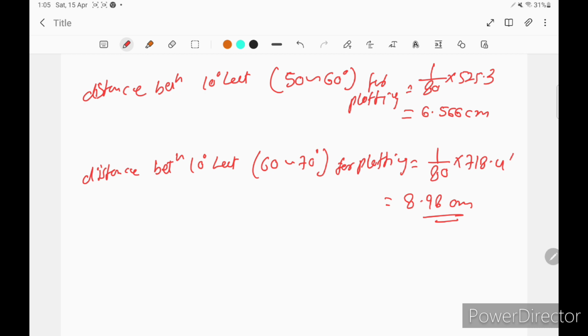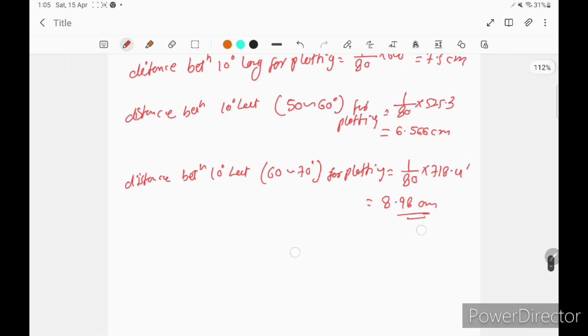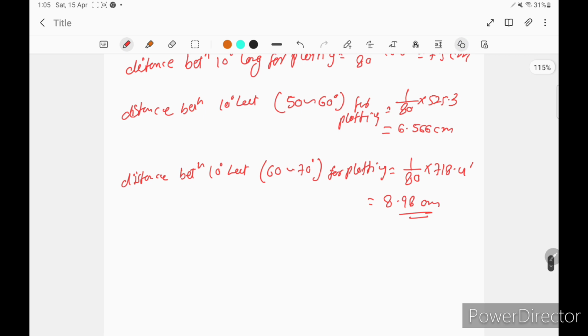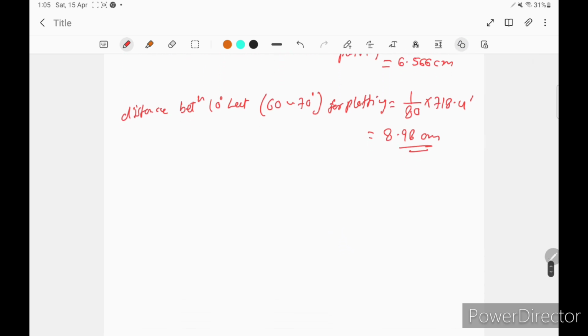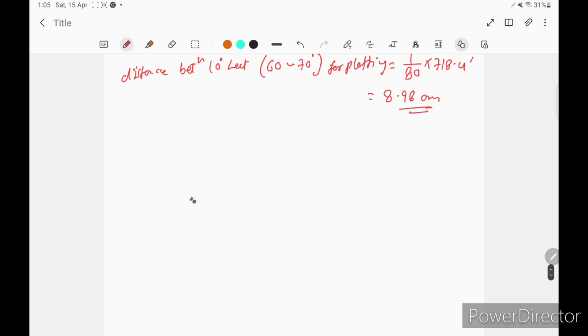We already calculated everything. Now we have to plot on the charts. First we make one line. So this is our 60 degree south.